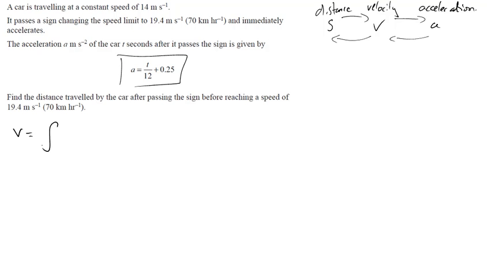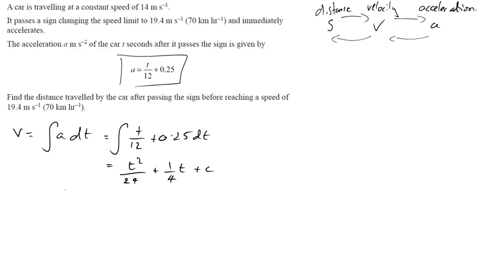equals the integral of acceleration dt, which is the integral of t over 12 plus 0.25 dt, which is t squared over 24 plus, I'm going to turn that into a fraction, 1/4 t, plus my constant.